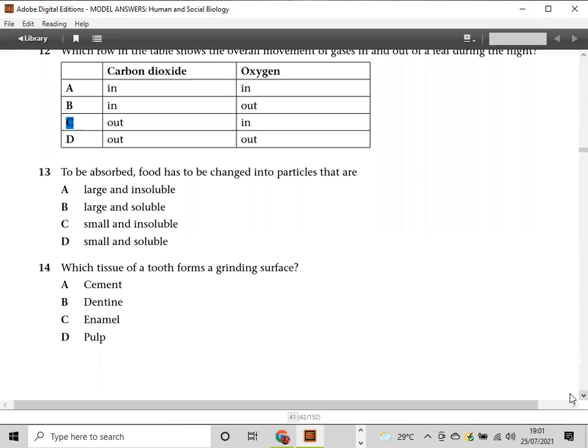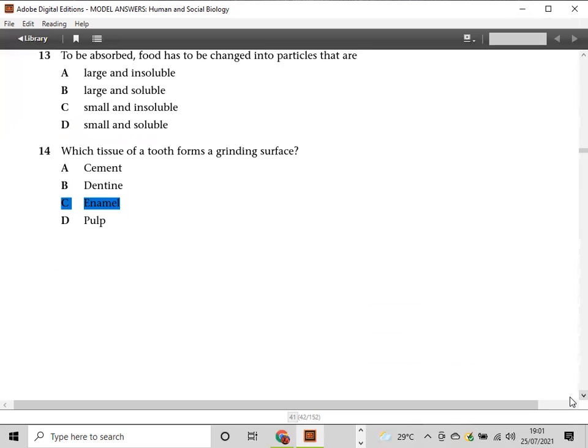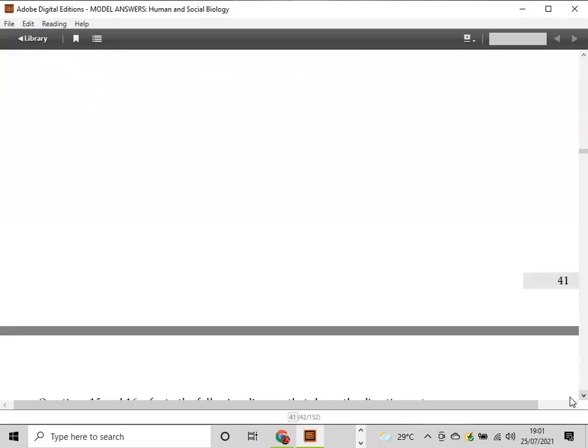To be absorbed, food has to be changed into particles that are small and soluble. Which tissue of a tooth forms a grinding surface? So 14 is C, the enamel. Grinding.